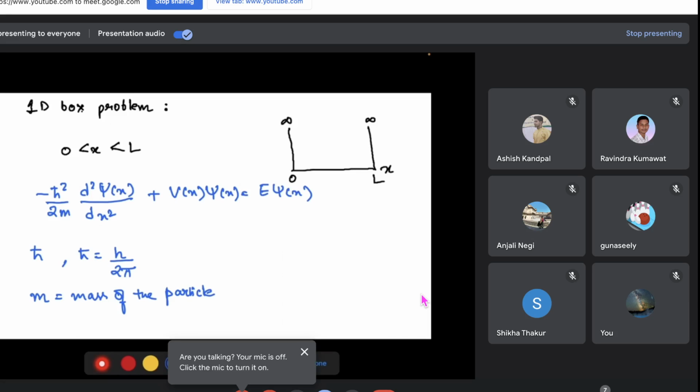Okay. So the equation will get modified for the particle of mass m, which is free to move parallel to the x-axis with zero potential, resulting in a quantum mechanical description of free motion in one dimension.